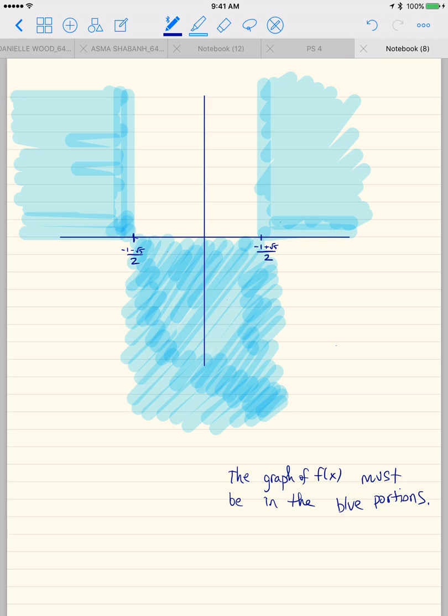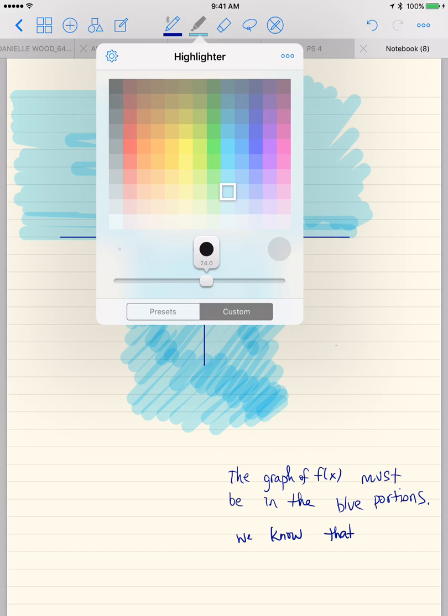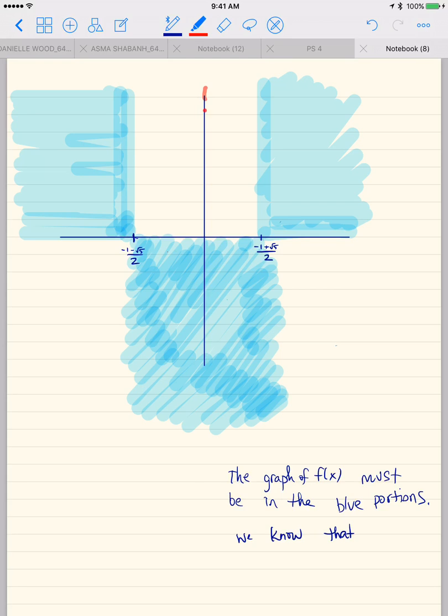Okay, and we already know that f has an asymptote at 0. So let's go ahead and put in an asymptote at 0.